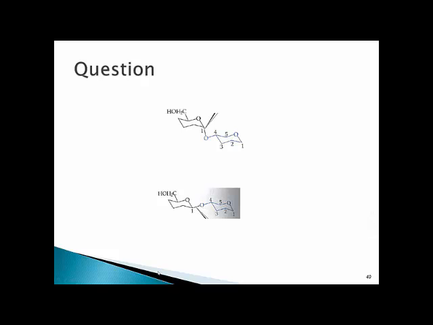Have a go at looking at these ones. The linkage we have here is axial, so it's an alpha 1,4. Here we have an equatorial, so it's a beta 1,4.